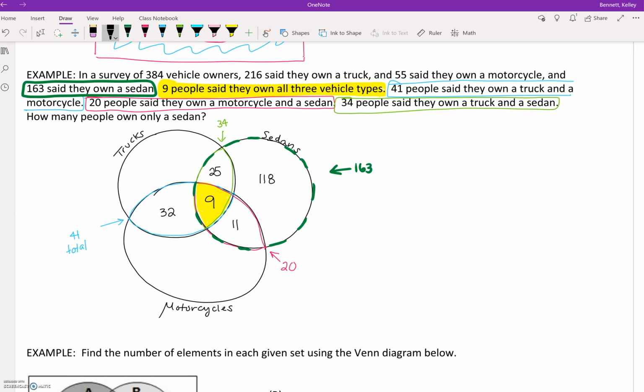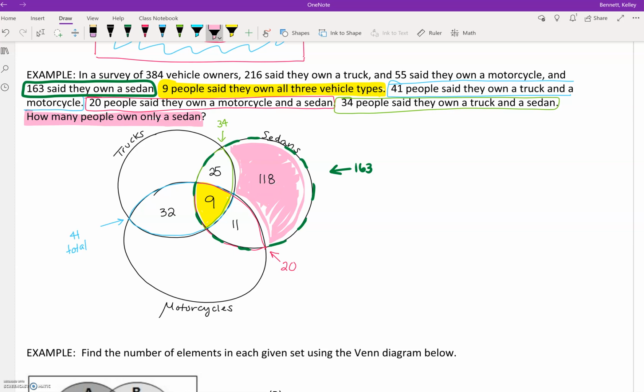And the thing I'm very much interested in: how many people own only a sedan? Only a sedan is just this area in here. This is only a sedan right here. Just the 118 people, because the other sedan owners also have other vehicles.